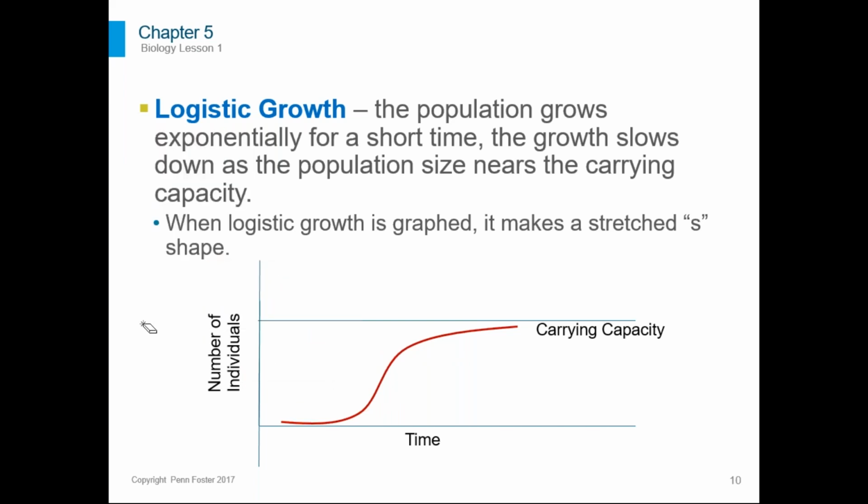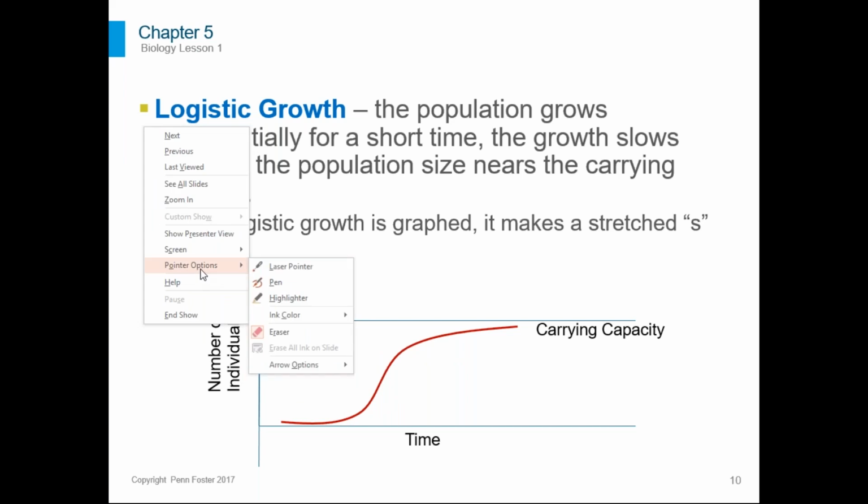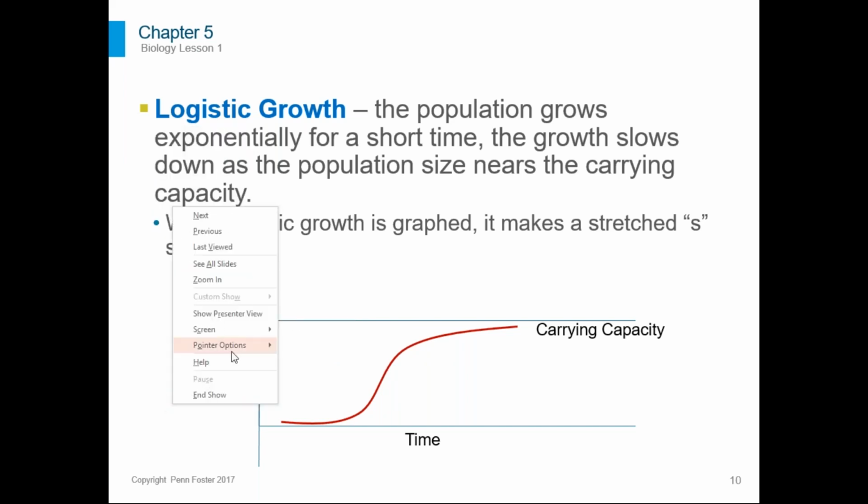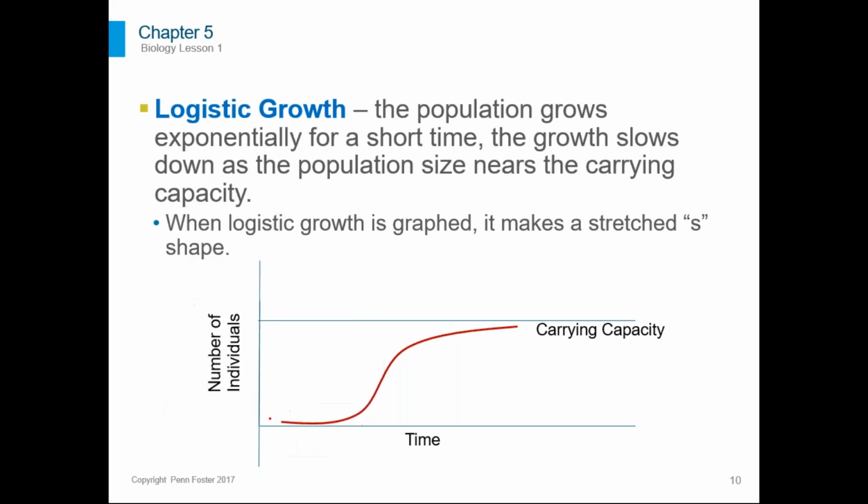All right, so logistic growth is this kind of growth that you're seeing the graph of on the screen, where, there we go. So it starts growing, and during this phase, it's very rapid, but then it slows down. So when it starts to reach the carrying capacity, it slows down.